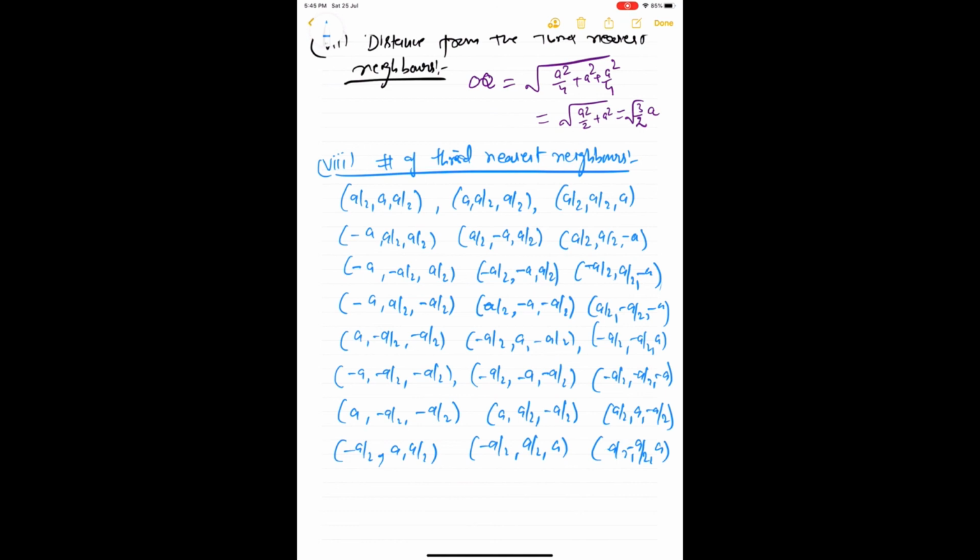Let me check: 3, 6, 9, 12, 15, 18, yes, there are 24 in number. So the total number of third nearest neighbors in FCC is 24.